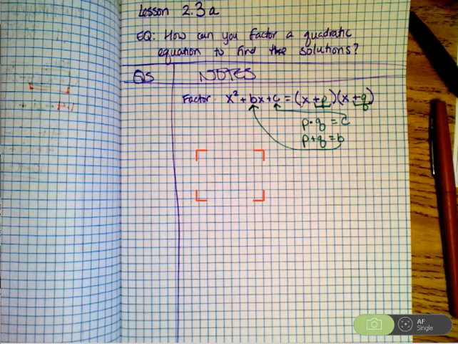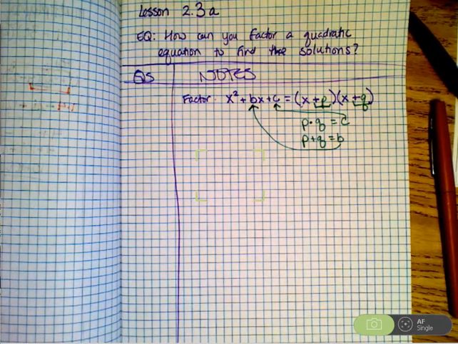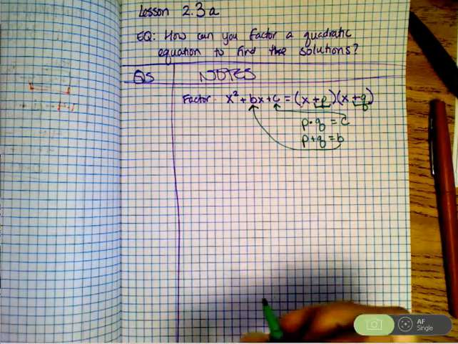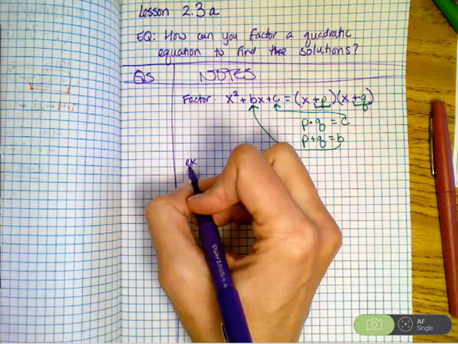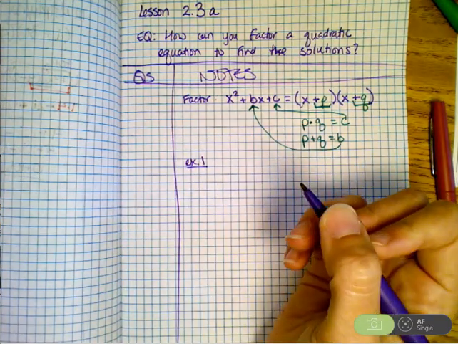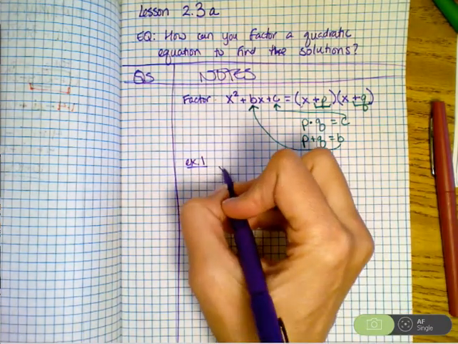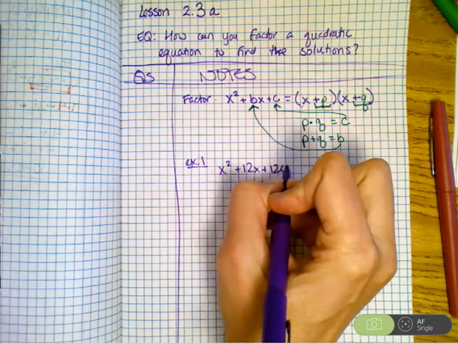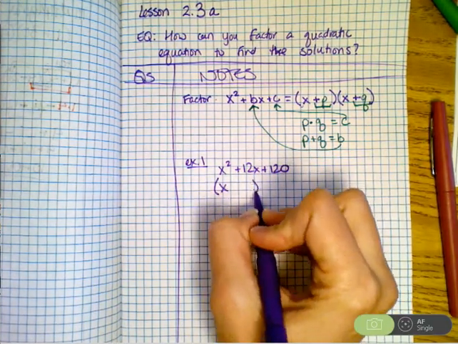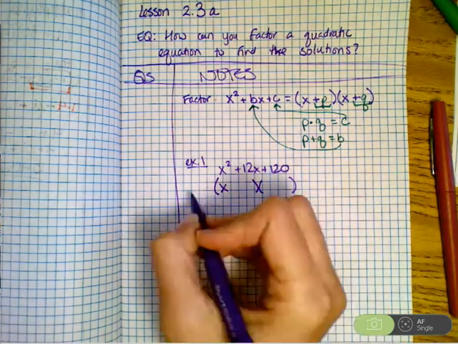And once you've seen a couple examples of it, we will go on and look at how we use that to then solve quadratic equations. So for example, let me call this example 1. Say we had x squared plus 12x plus 120. So we're trying to figure out when we factor that.